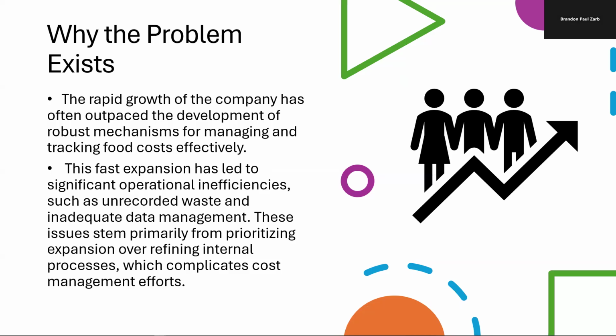This fast expansion has led to significant operational inefficiencies, such as unrecorded waste and inadequate data management. These issues stem primarily from prioritizing expansion over refining internal processes, which complicates costs and management efforts. Quite frankly, this is not the fun part of the business. And as such, most people tend to not do it until they absolutely have to, which is the case here.